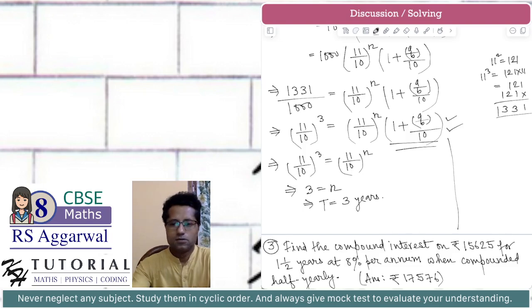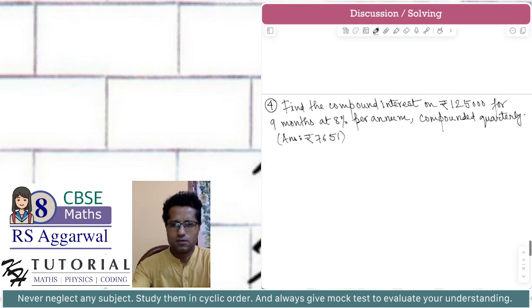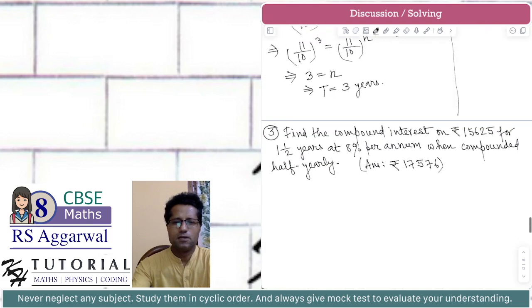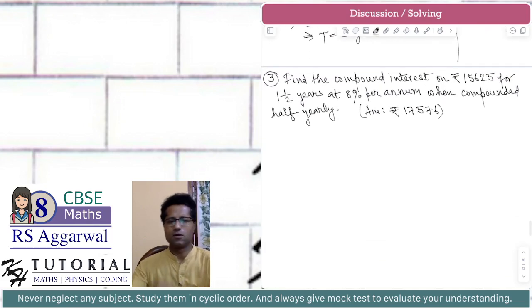Okay, so how many problems are there? We are having another 2 problems. Okay, let's see the problem number 3. Find the compound interest on rupees 15625 for 1.5 years at 8% per annum when compounded half yearly.